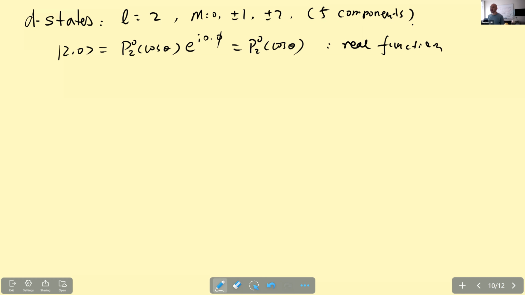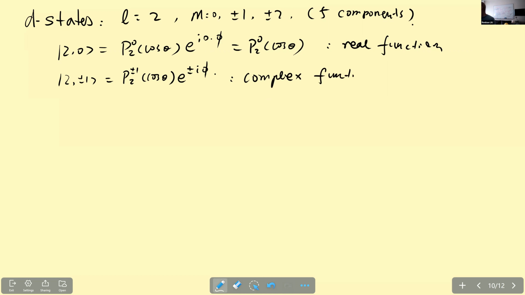But the other components are complex functions. For example, plus or minus 1 equals P_2,plus or minus 1 of cosine theta times e to the plus or minus i phi. They're eigenstates of Lz, but they're not real functions, so not very convenient. But we can again take the real part or the imaginary part.